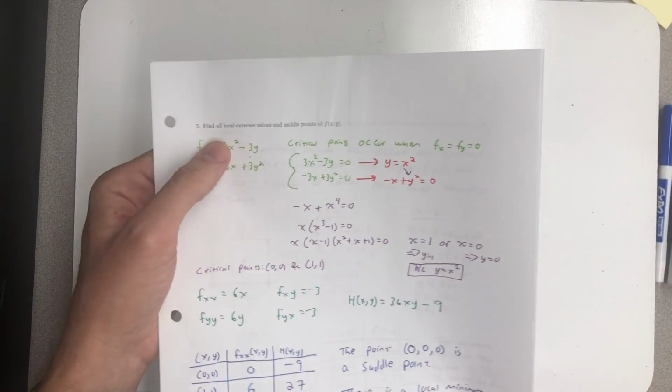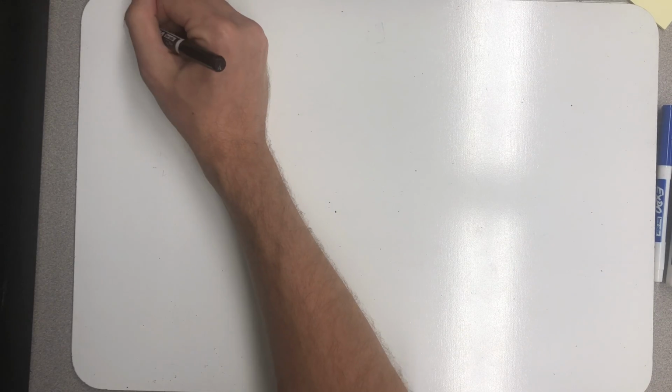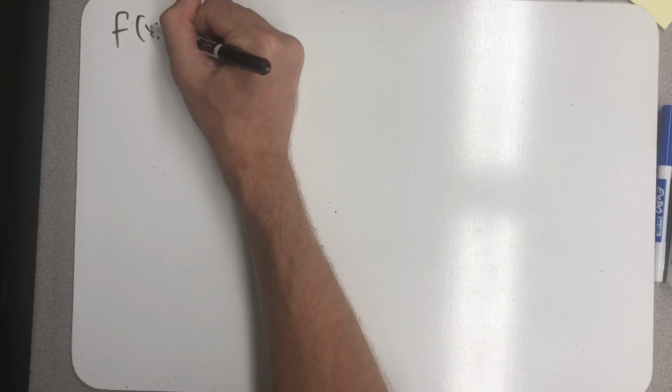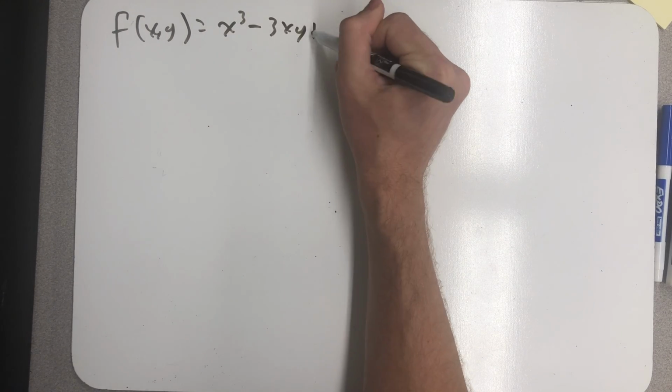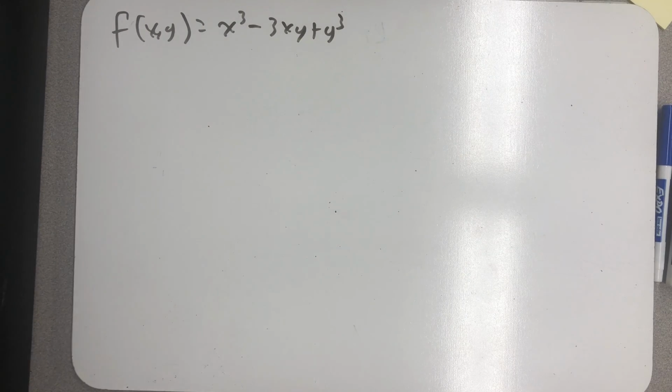Next up, we're asked to find all the local extreme values and saddle points of that same function. So f of x,y is still x cubed minus 3xy plus y cubed.